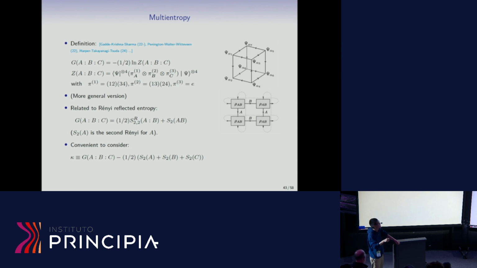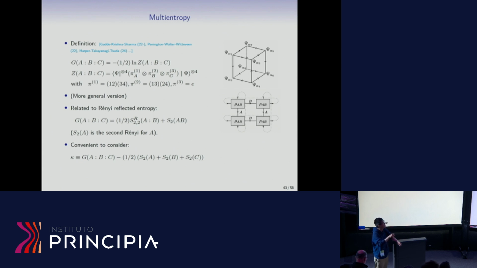Another way to think about this diagram or this equation is to first consider these pairs, psi and psi, where one is bra and the other is ket, as specified by this arrow. And then these vertical bonds are the degrees of freedom representing region C. So if I connect psi 1 and psi 2 by this leg C, I'm tracing out region C. So this pair can be considered as a reduced density matrix on region AB.